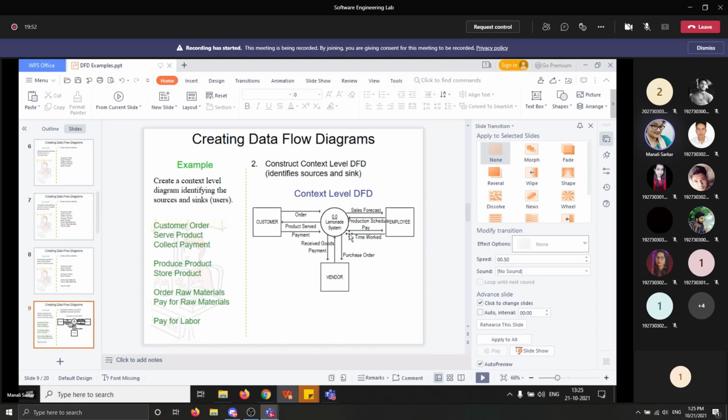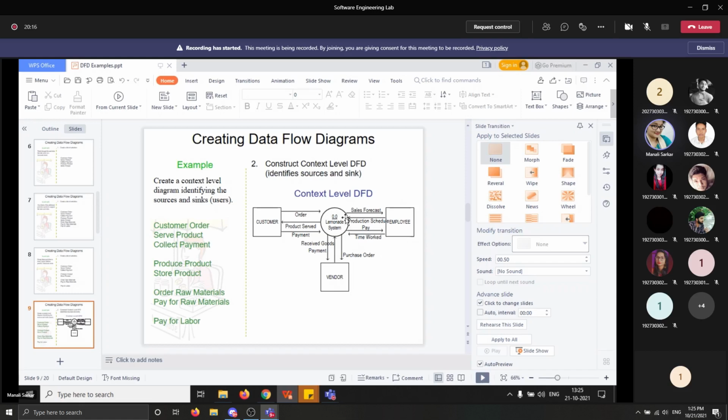Also, see here, lemonade system is related with the employee. How is it related? Whenever the employee is working for that particular system, it is giving back the payment to the employee. And employee is returning time work, that is how much time he is working in that particular DFD.